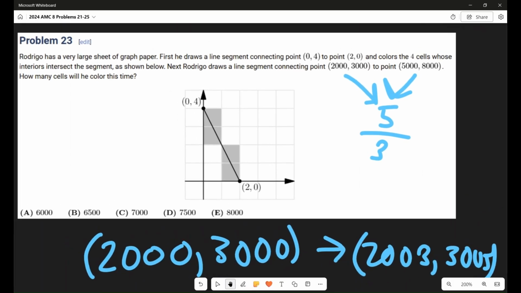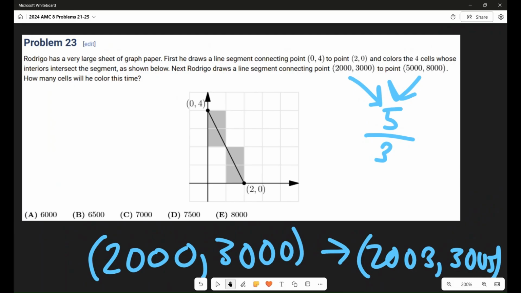And that line will be repeated 1,000 times. So we can find the answer going between these 2 points and then multiply our answer by 1,000 in the end, which makes a lot of sense since our answer choices all are multiples of hundreds.